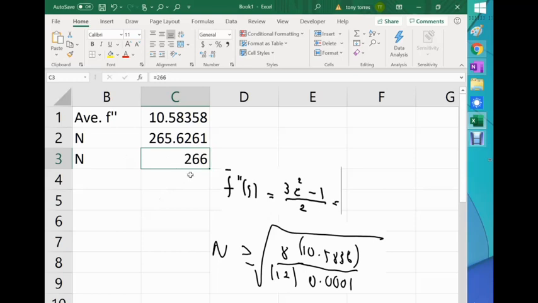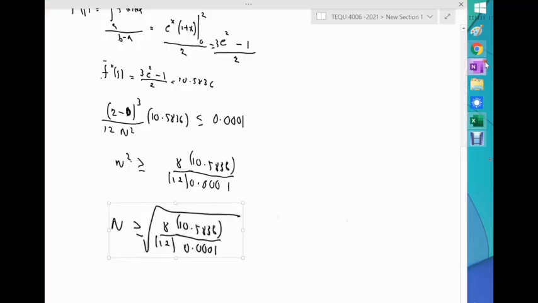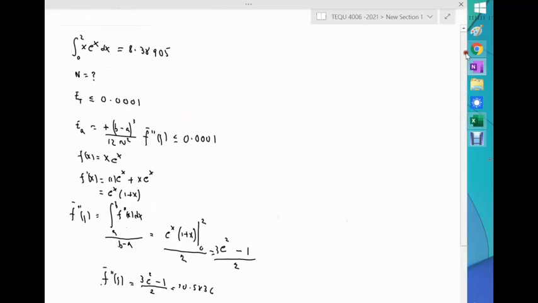How about if we do that? Let's do that, because basically we're gonna do this. If we go back, I gave you the true value of this, 8.38905. So in other words, you have the real value.